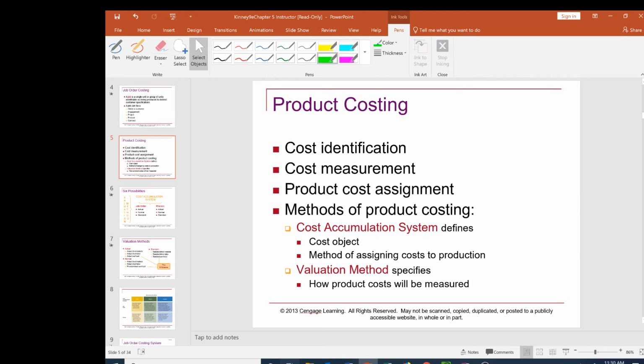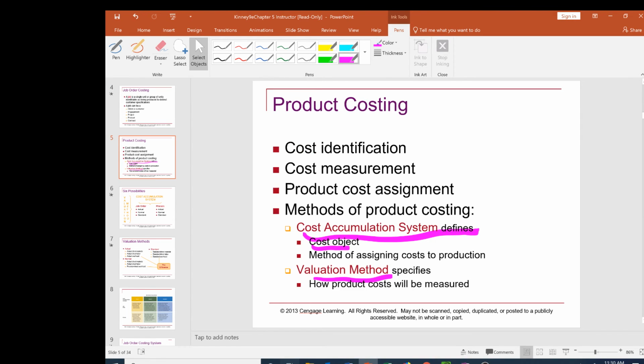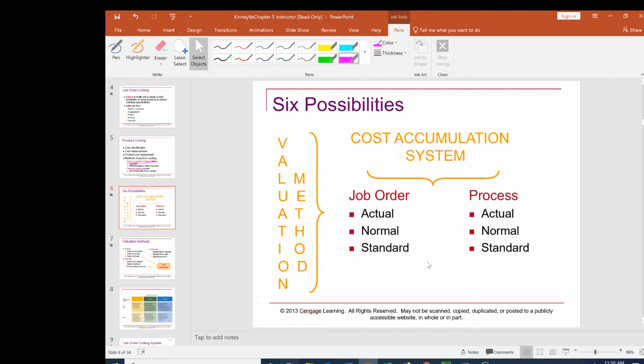Now, methods of product costing, cost accumulated system defines the cost object, and then valuation methods. Actual, normal, standards.